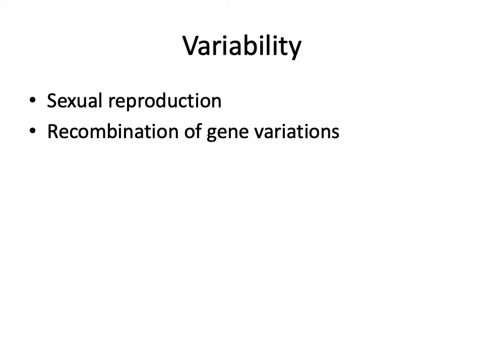Genes are recombined. Two different individuals mate with each other and they contribute different genes to their offspring, and crossing over occurs in meiosis. Independent assortment occurs during meiosis, the production of sex cells, sperm cells, egg cells, pollen grains, and that shuffles genes around and increases variation.